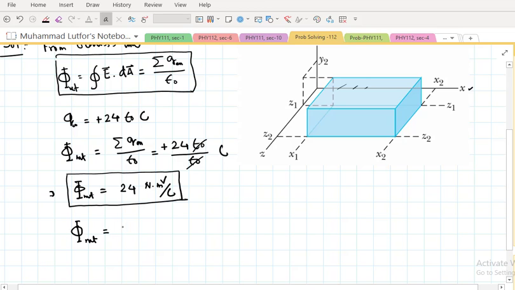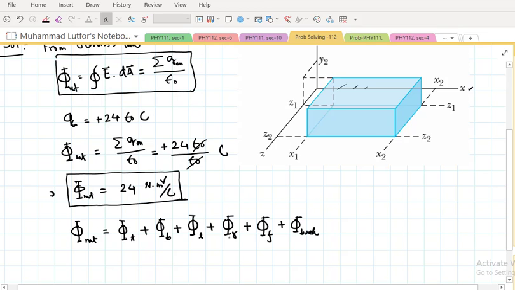I could write the net flux as the flux through the top surface plus the bottom surface plus the left surface plus the right surface plus the front surface plus the back surface.